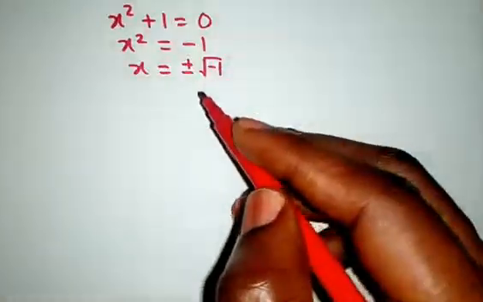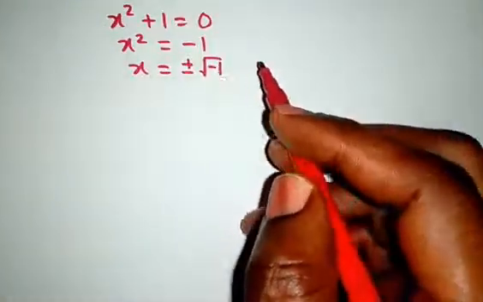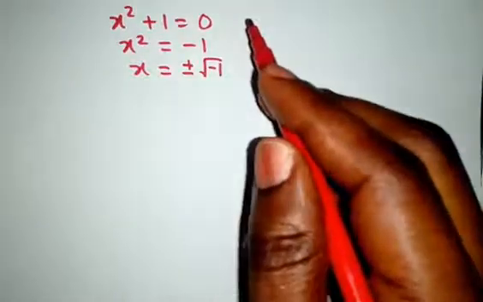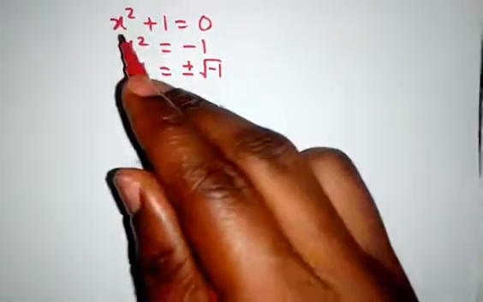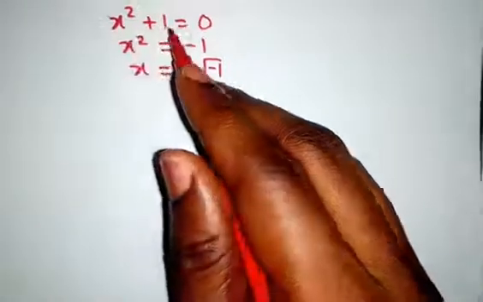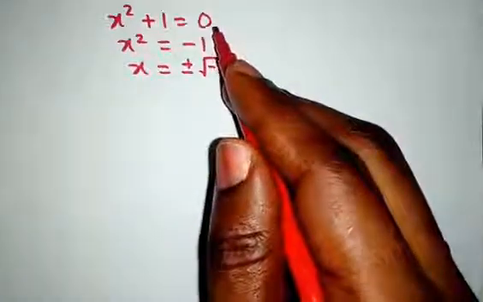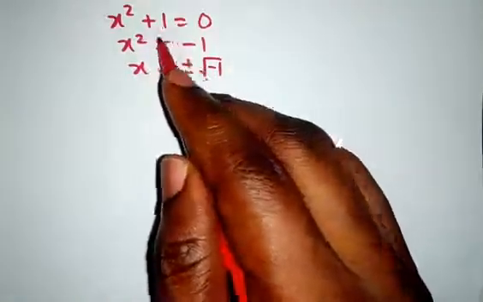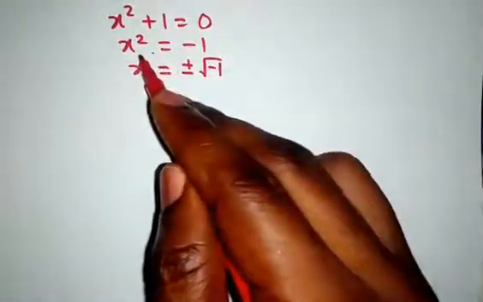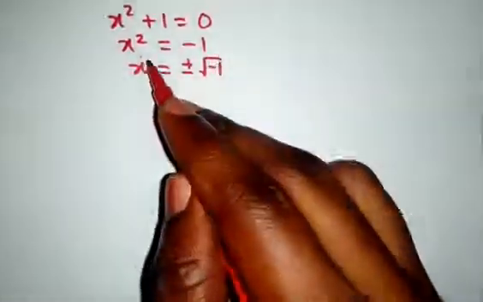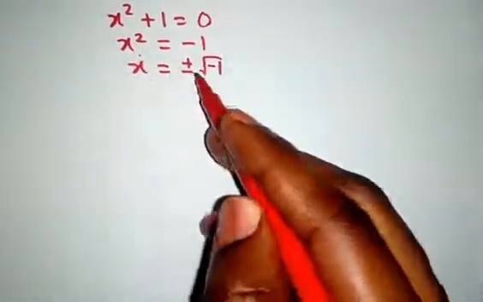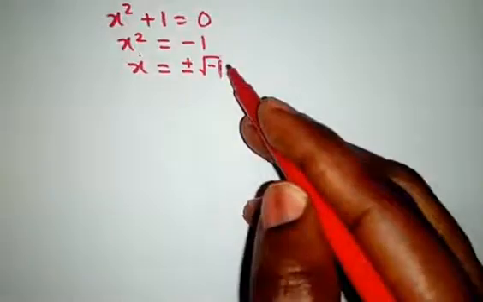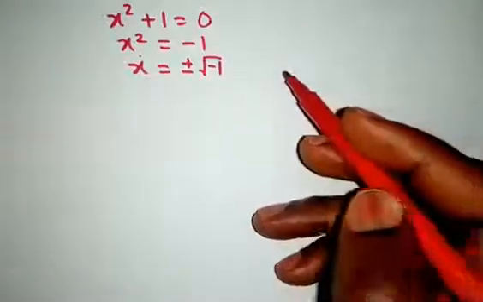Now the complex number system was developed when scientists encountered problems while trying to solve equations such as x squared plus 1 equals 0. To solve this, we subtract 1 from both sides and then we have x squared equals minus 1, and then take the square root of both sides to give x equals plus or minus the square root of minus 1.